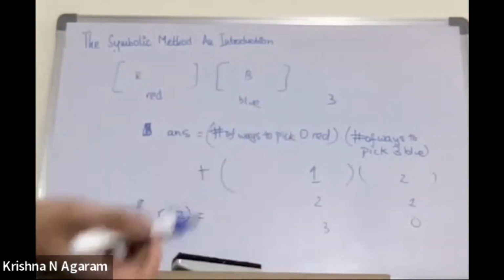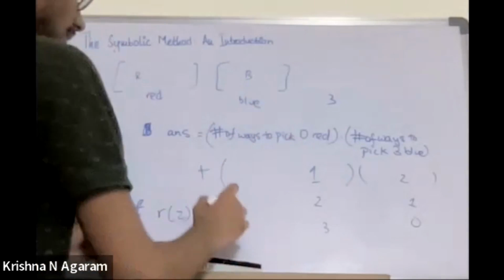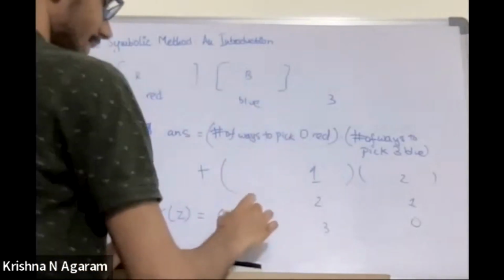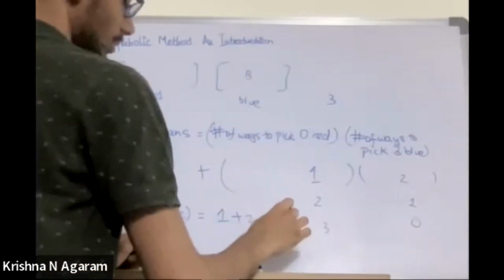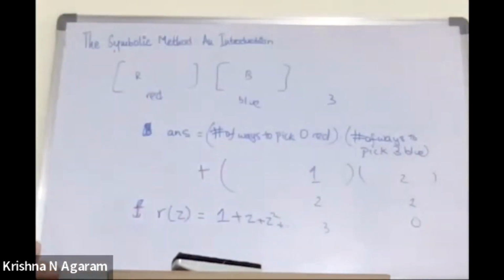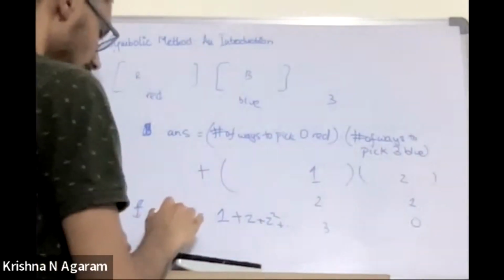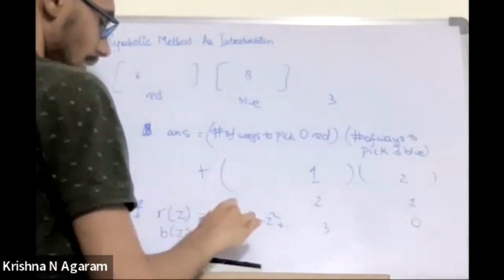In this case, there's only one way to pick either of them. You just pick them. So this will just be 1 plus z plus z squared, and so on. And similarly, blue is also the same, right?